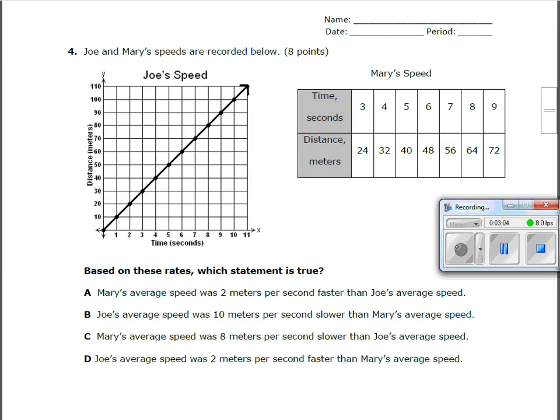Number 4, Joe and Mary's speed are recorded below. So Joe's speed is going 10 to 1, 10 to 1, 10 to 1, 10 to 1. So Joe's change of Y over change of X is equal to 10 to 1. Mary is going 8, 8, 8, 8, 8, 8, and 1, 1, 1, 1, 1, 1.